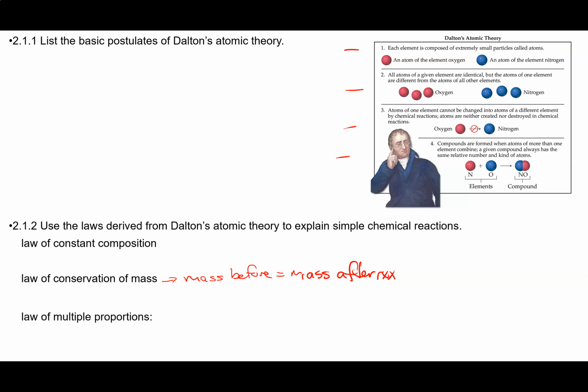Okay, the law of constant composition says that if we have a compound of a specific kind, the number and types of atoms is constant.